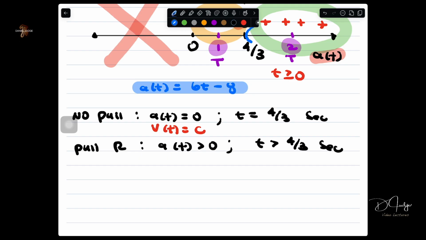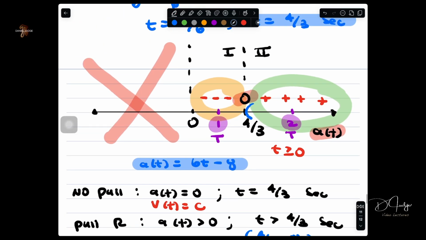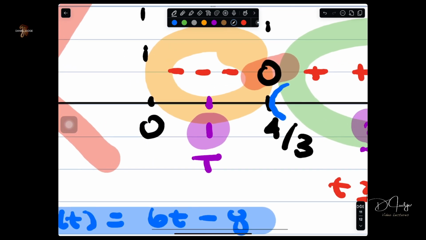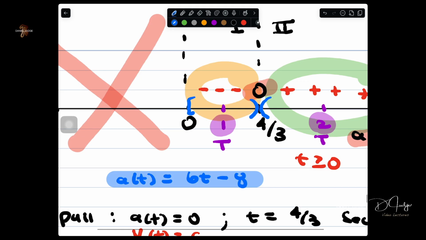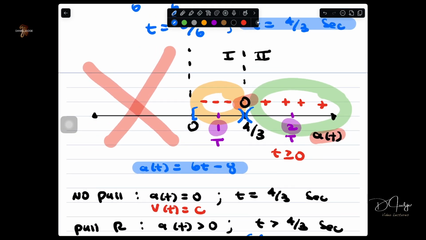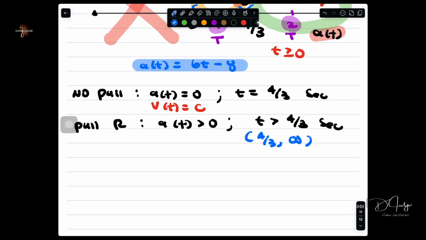As interval notation, that's 4/3 up to infinity. Okay. Pulled to the left now, negative acceleration. Now, we include 0 here. And that's an open parenthesis at 4/3 because at 4/3, acceleration equals 0. It's not negative. 0 is not negative. It's not positive. 0 is neutral.